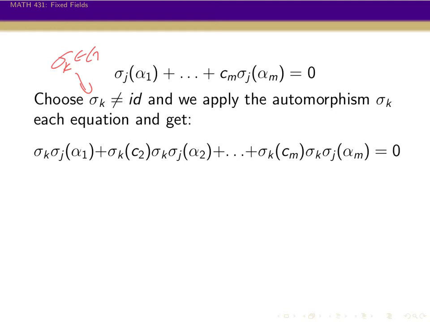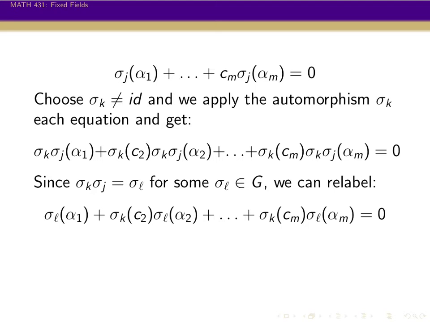And we're going to apply the automorphism sigma k to each equation, so sigma k to the whole thing. Well, it's going to distribute through, right? And since it's an automorphism, we can break up what's happening: we have, say, sigma k applied to C2 times sigma j of alpha 2, and since this is a homomorphism, we can break up the product and do it individually. Okay, and so we can think about it like this.